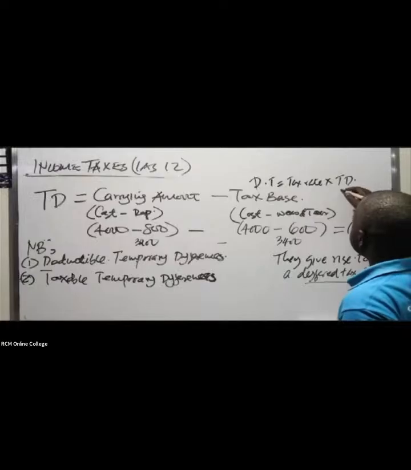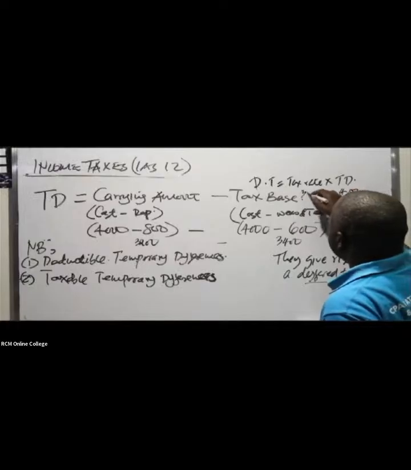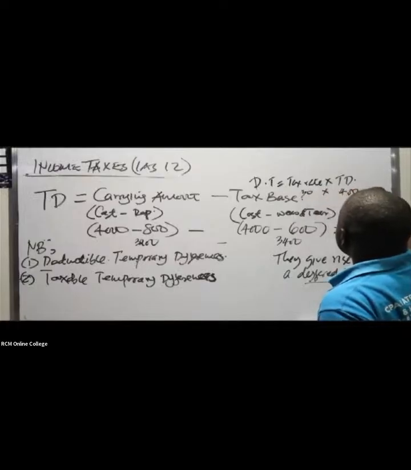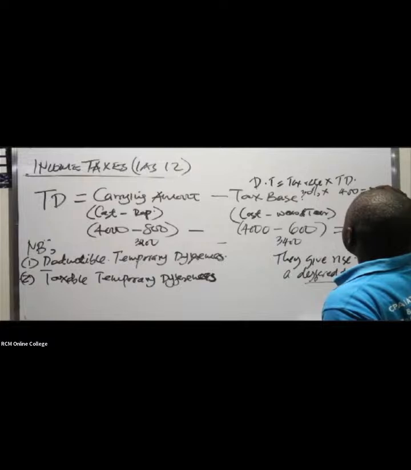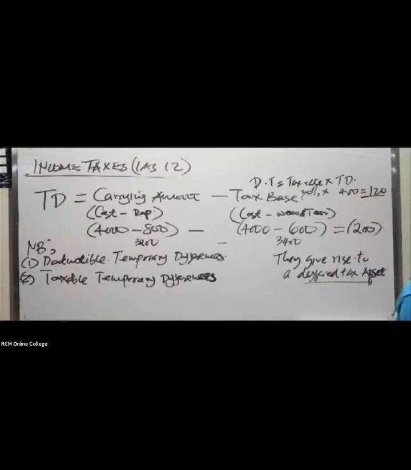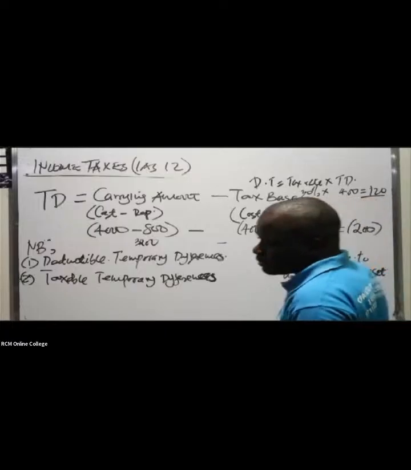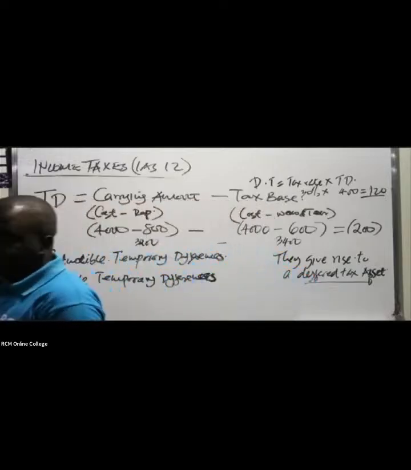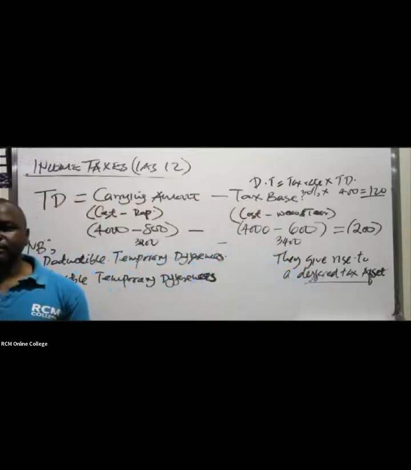So if you get a positive here of 400, let's assume the rate is 30%, the taxman will likely claim from him 120. You can see it is positive. It is the same case if, for example, you file your returns and realize it is negative.